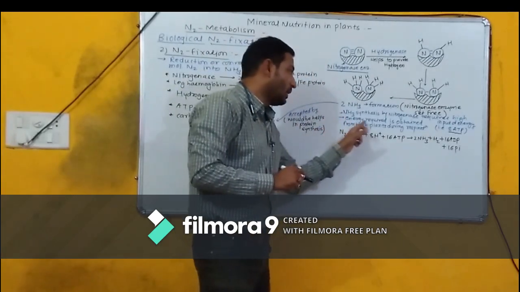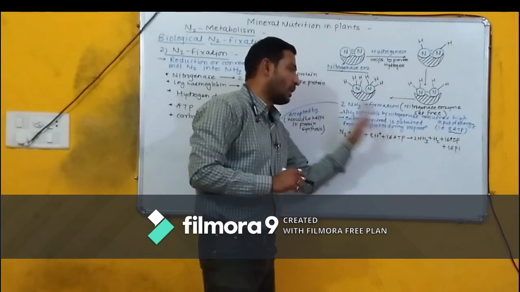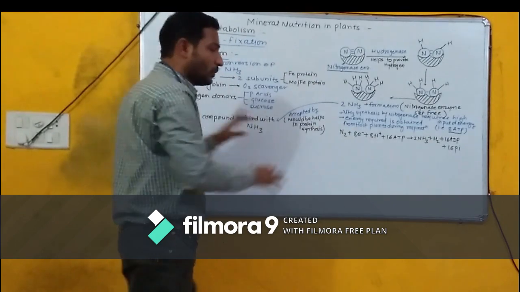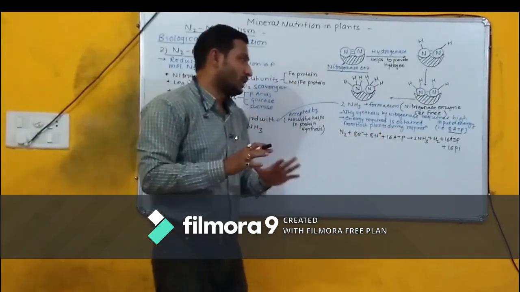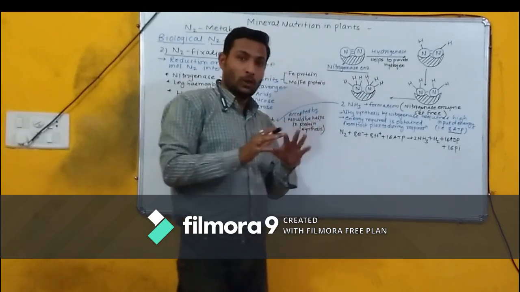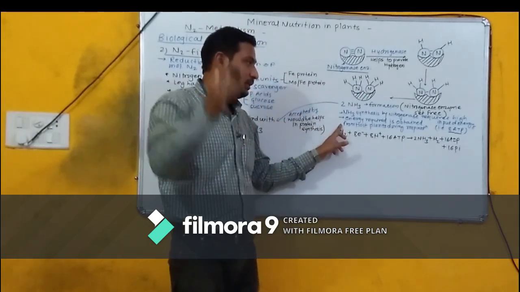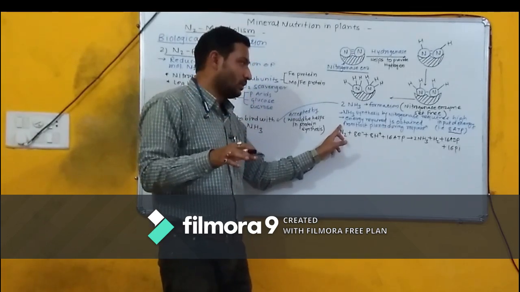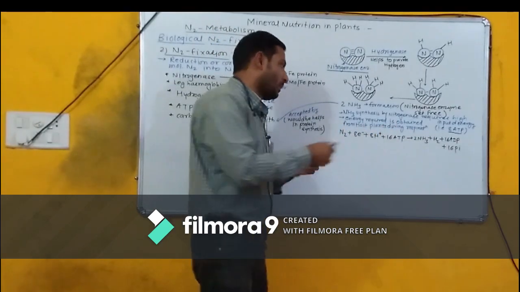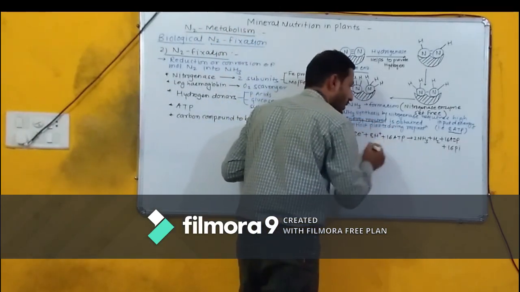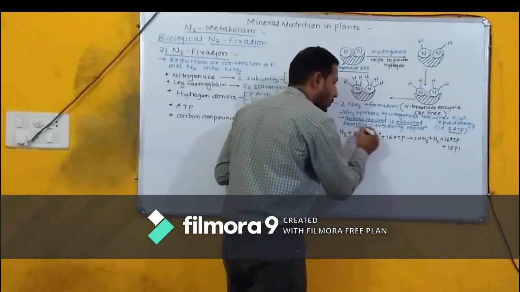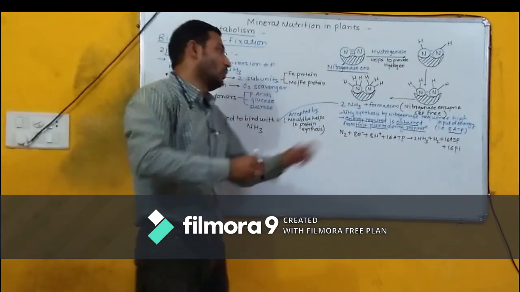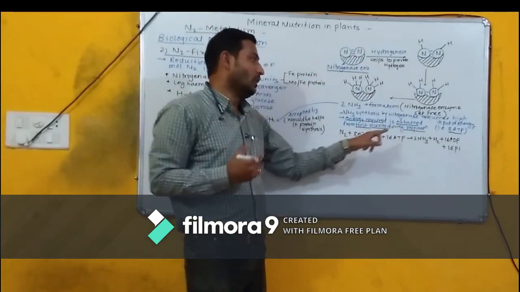The energy required is obtained from the host plant during respiration. You know very well this whole process is considered biological nitrogen fixation, and it takes place in the roots of leguminous plants, where certain nitrogen-fixing bacteria reside in the roots or nodules. The energy is obtained from the host plant during its respiration.